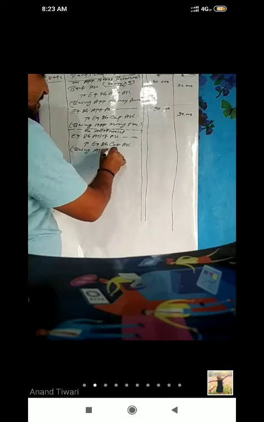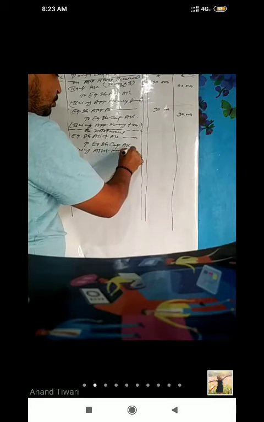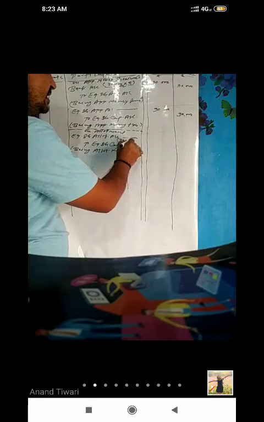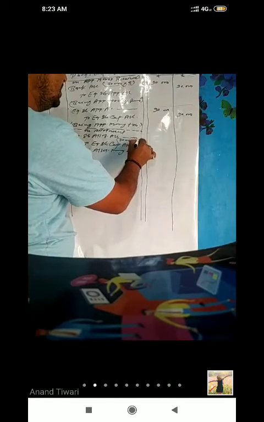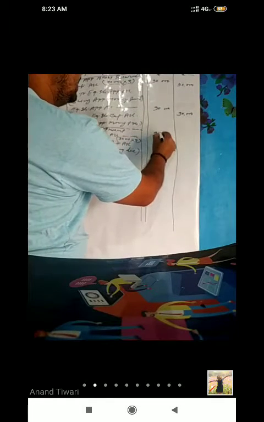Being allotment money due. How much is the due here? 30,000 into how much on allotment? There is rupees 3 on allotment. 30,000 into 3 will be 90,000.